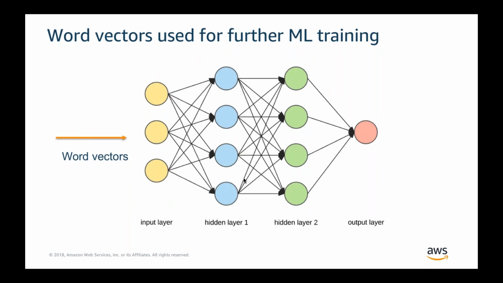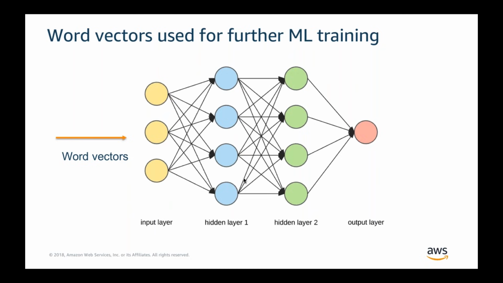So okay, let me first tell you what we use it for. Now that we have word vectors, we can use them as inputs to a machine learning task. If you have a deep learning problem, let's say sentiment analysis, or any kind of machine learning problem, first you convert your words into vectors using fastText or BlazingText, and now you can pass these numbers as inputs to your neural network and get an output as well.